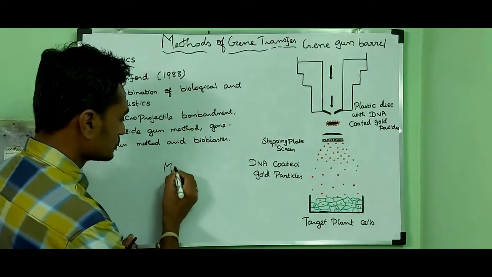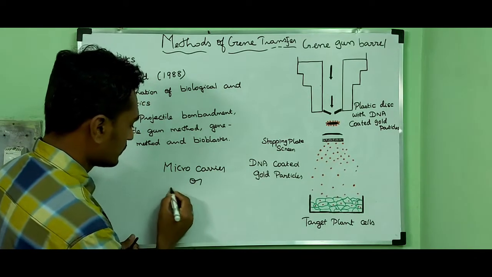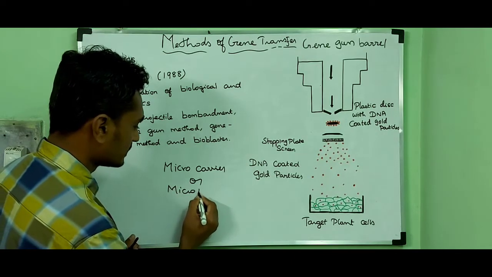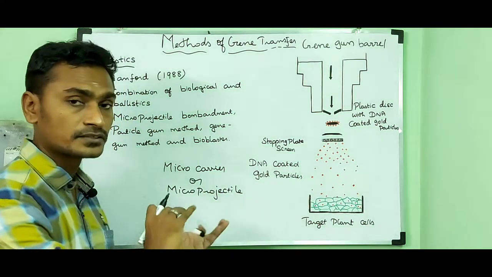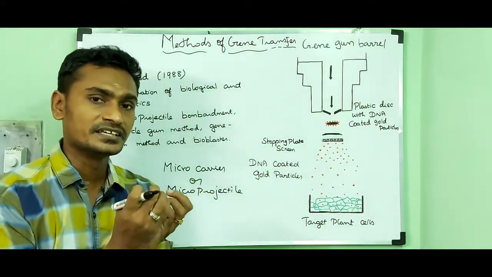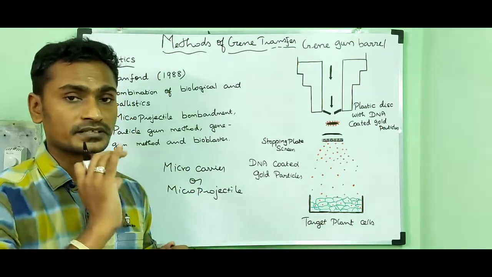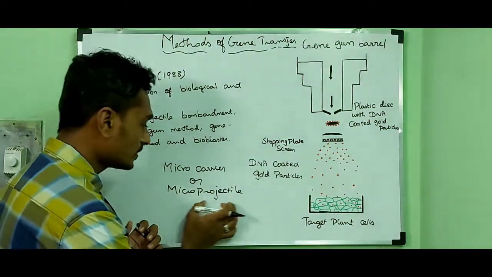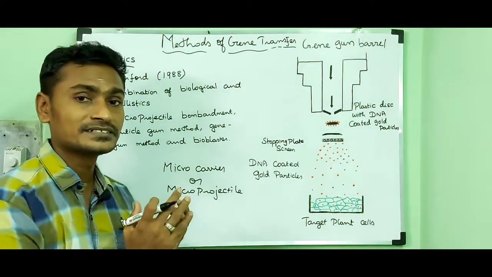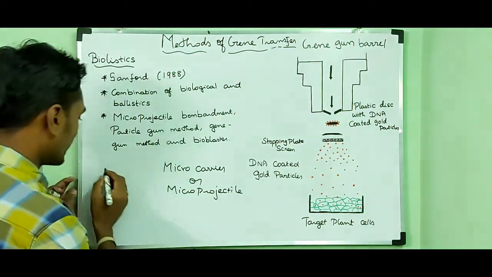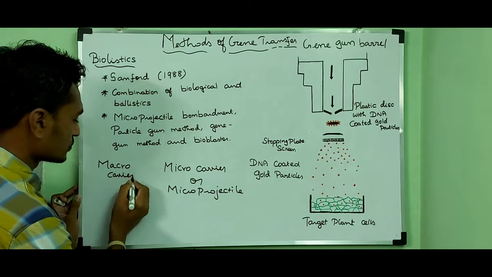Microcarrier or microprojectile means the DNA is coated with tungsten filament or gold particles. That is why they are called microcarrier or microprojectile. Then these microprojectiles or microcarriers are carried by a macrocarrier or macroprojectile, which is nothing but a plastic disc.